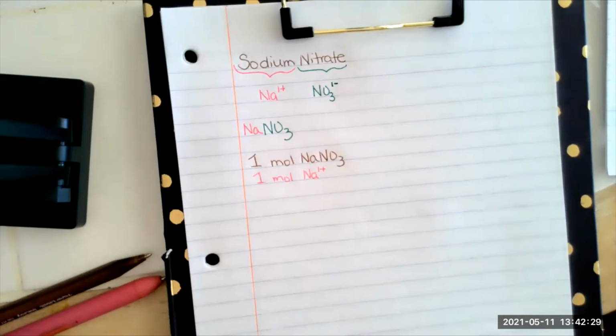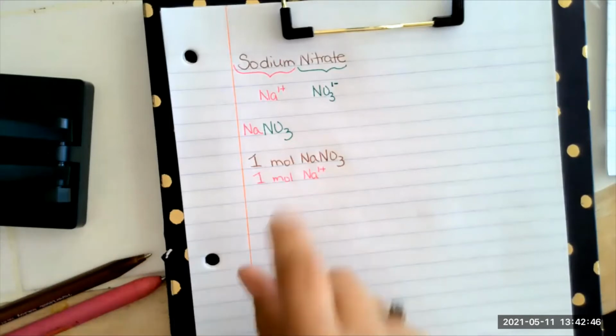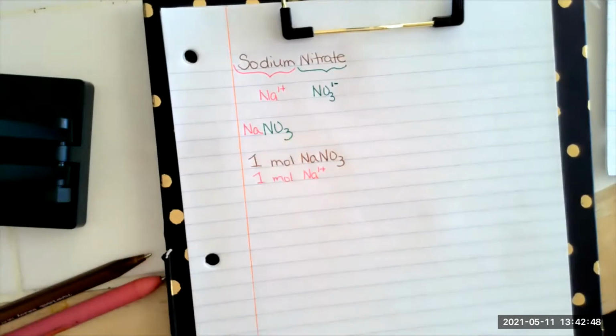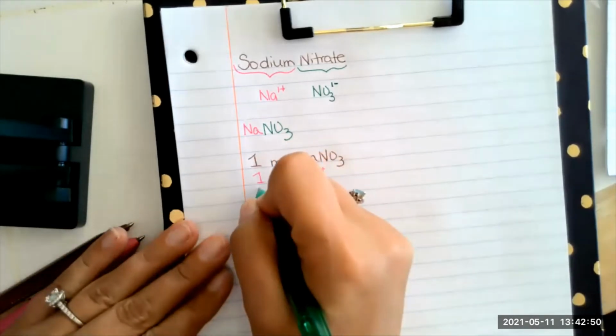With polyatomics, especially with those compounds like nitrate, nitrite, acetate, ammonium, if you need more than 1 of them, they'll be shown in a parenthesis, and then the subscript outside of the parenthesis tells you how many moles of that compound you need. So seeing nitrate's not in parentheses, you have 1 mole NO3.